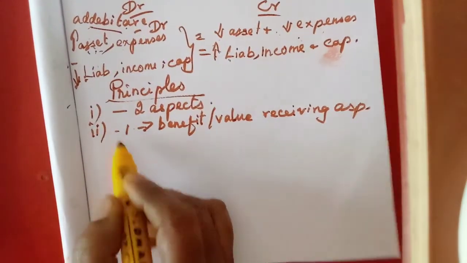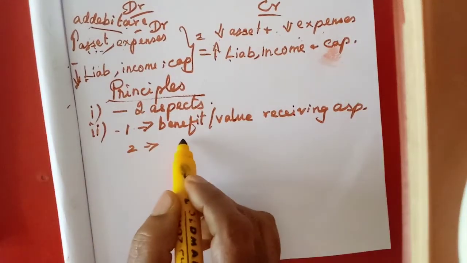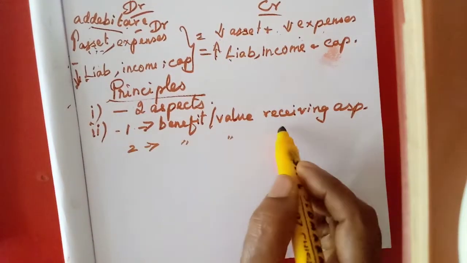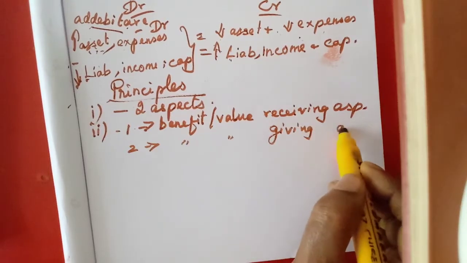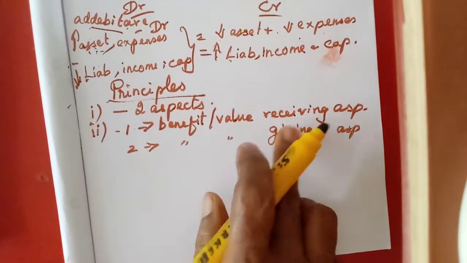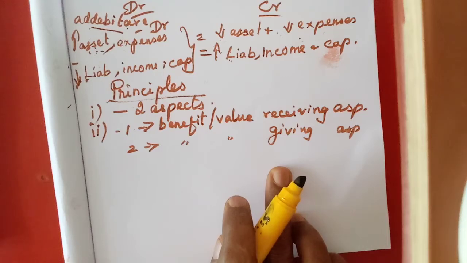The other, the second aspect, may be the benefit or value giving aspect. We easily say receiving aspect and giving aspect. If we receive something, we give something also. For example, we purchase the land or we purchase the house, whatever it is, an asset. We pay cash or we give a check.